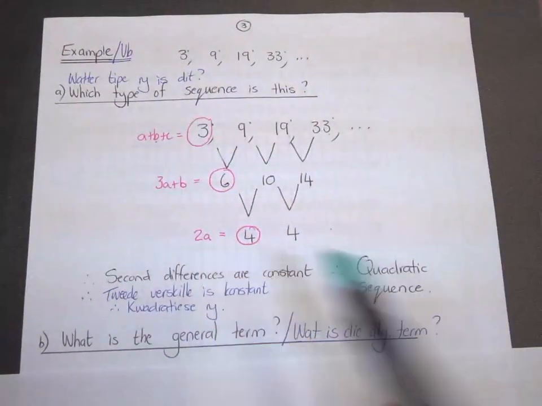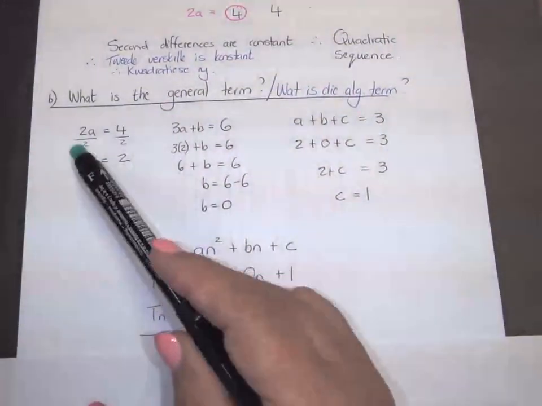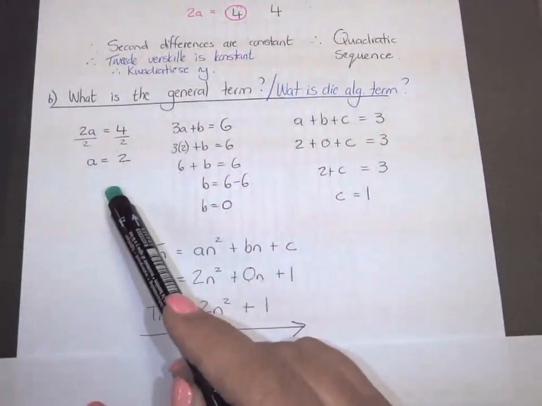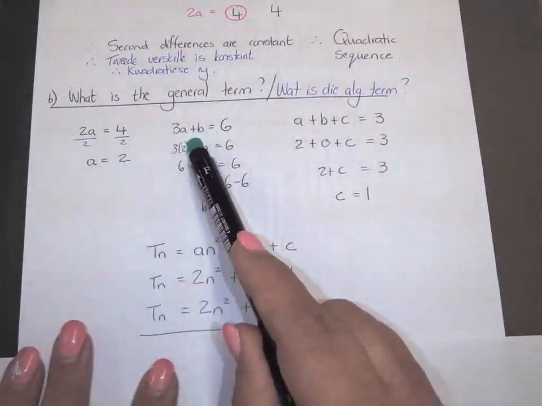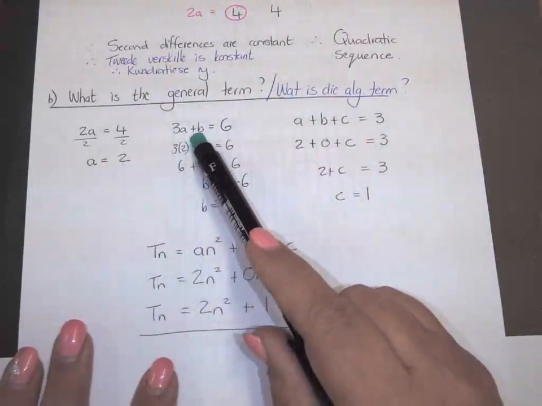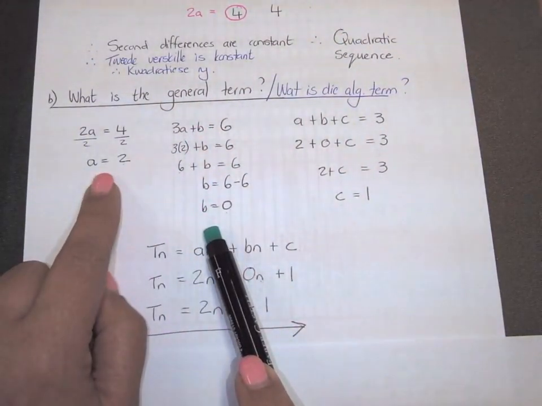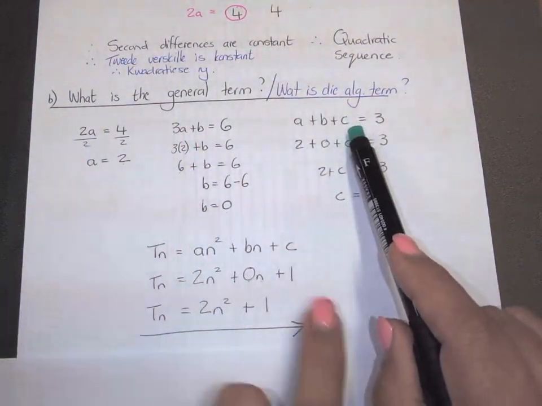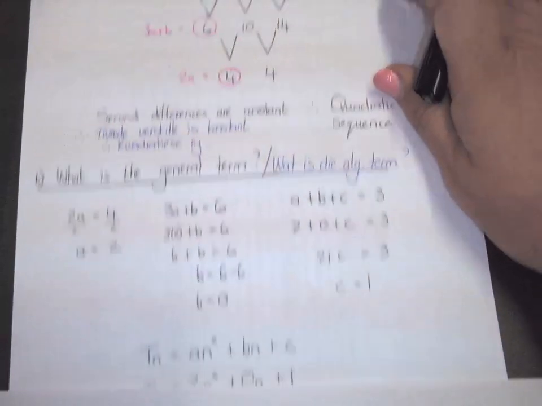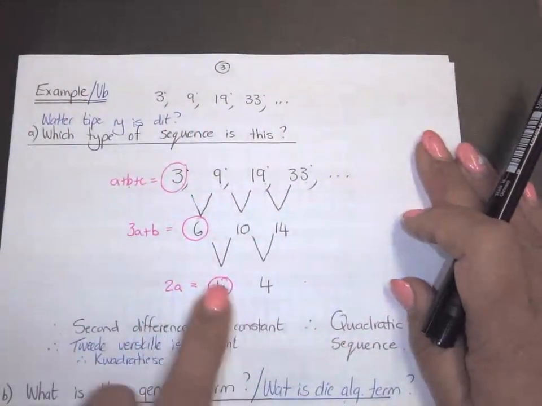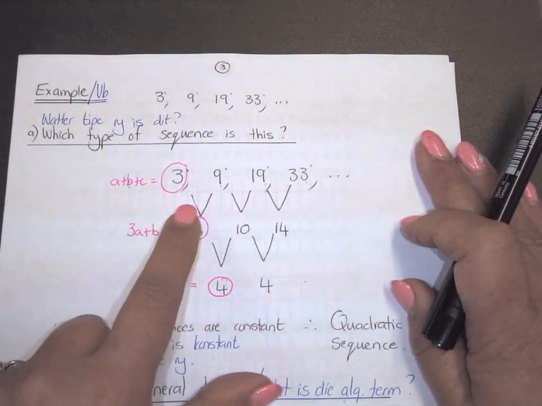First get A. 2A will be equal to 4, so A is 2. Then you substitute 2 into the second formula, 3A plus B, and you work out B. Then you substitute A and B into the third formula and you calculate C. Where do I get the formulas' answers? 2A is equal to 4, 3A plus B is equal to 6, and A plus B plus C is equal to 3.